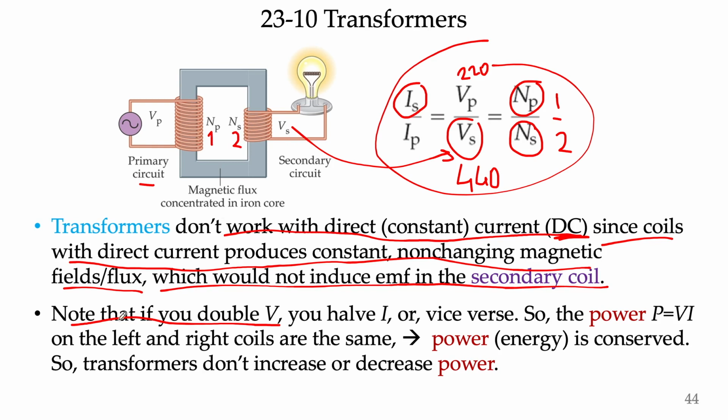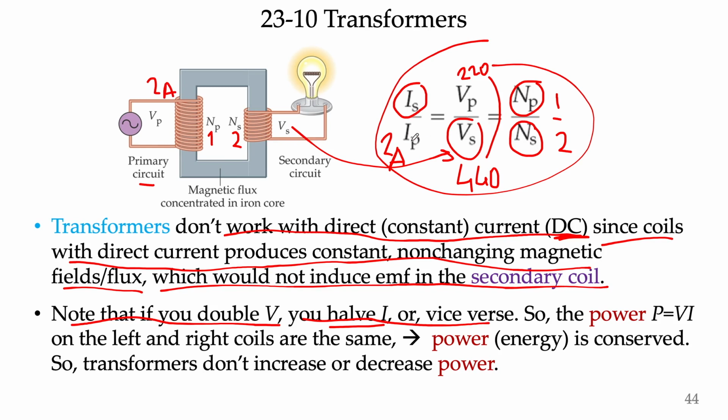Okay, now if you double the voltage, which we did here, 220 to 440, now you have I, or vice versa. This means the current actually goes to half of the current in the primary circuit. So let's say the current in the primary was 2 amperes originally.